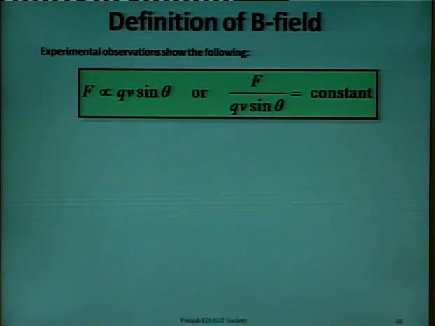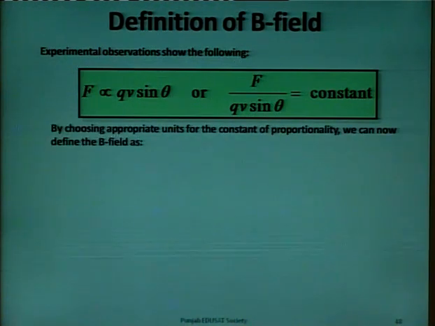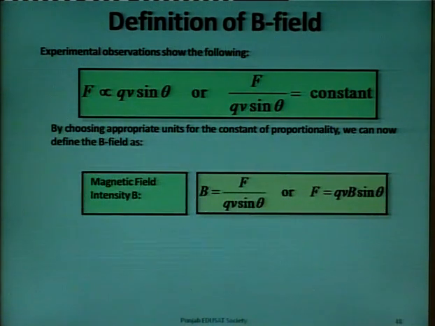Then the definition of the B field. Experimental observations show that F is directly proportional to QV sin theta, or F over QV sin theta is equal to a constant. By choosing the appropriate units for the constant of proportionality, we can now define the B field as the magnetic field intensity B equal to F upon QV sin theta.